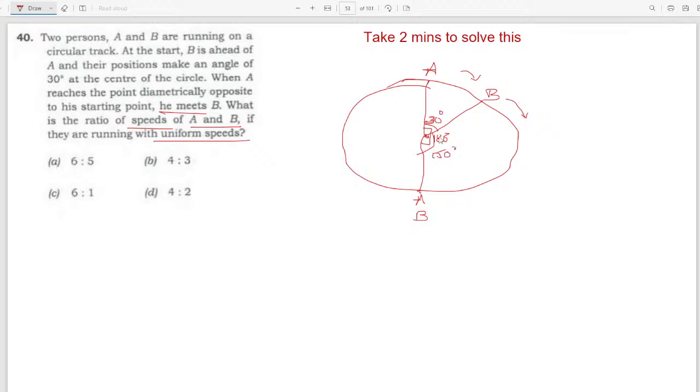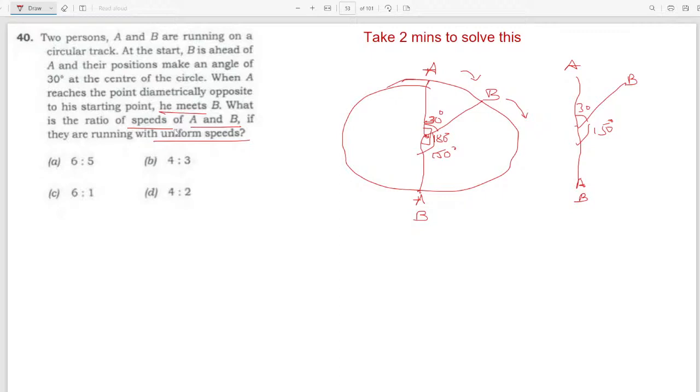This is 30, this is the position of A, this is the position of B, and there is this line where A and B meet. This angle is 150 because they are diametrically opposite. The whole thing, 30 plus 150, should be 180.